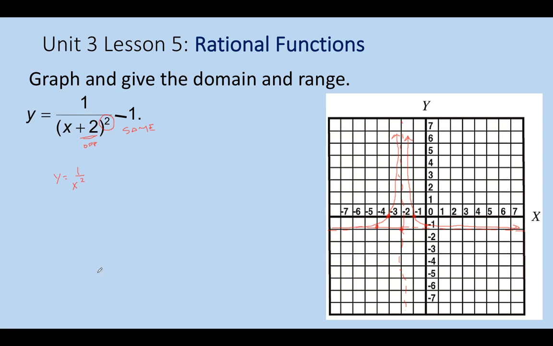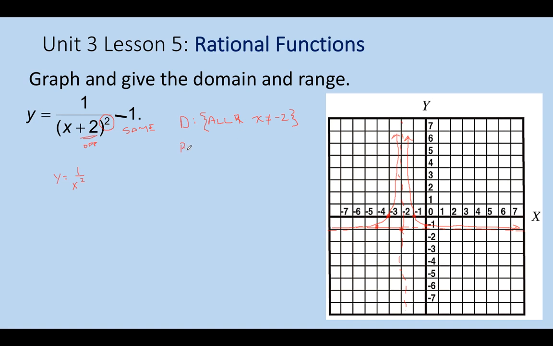All right, so that's graphing there. Domain and range, I forgot to do that on the last slide. We'll do it on this one. Domain: what are all of my possible x values? It'd be all real numbers, but x can't equal negative 2.